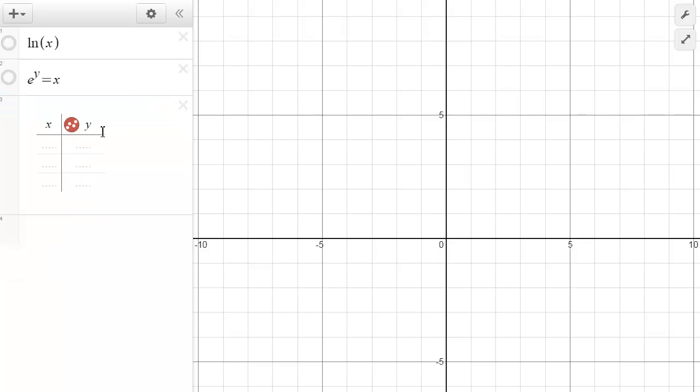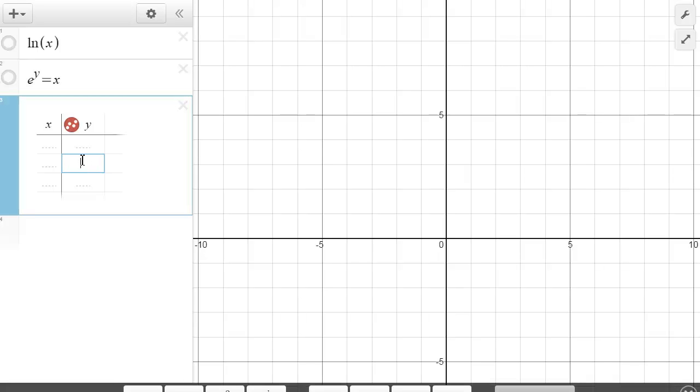Next, let's plug in some values. So when y is 1, e we said was 2.718.